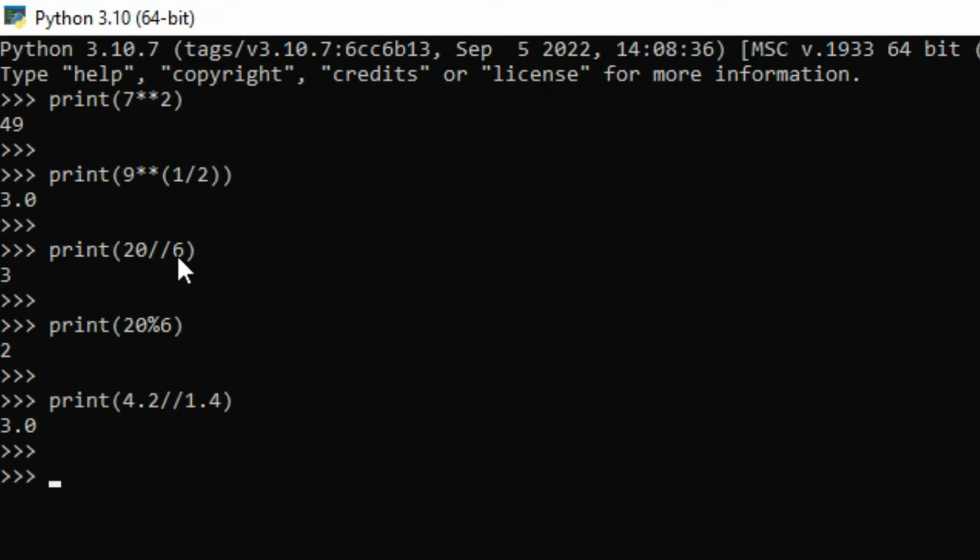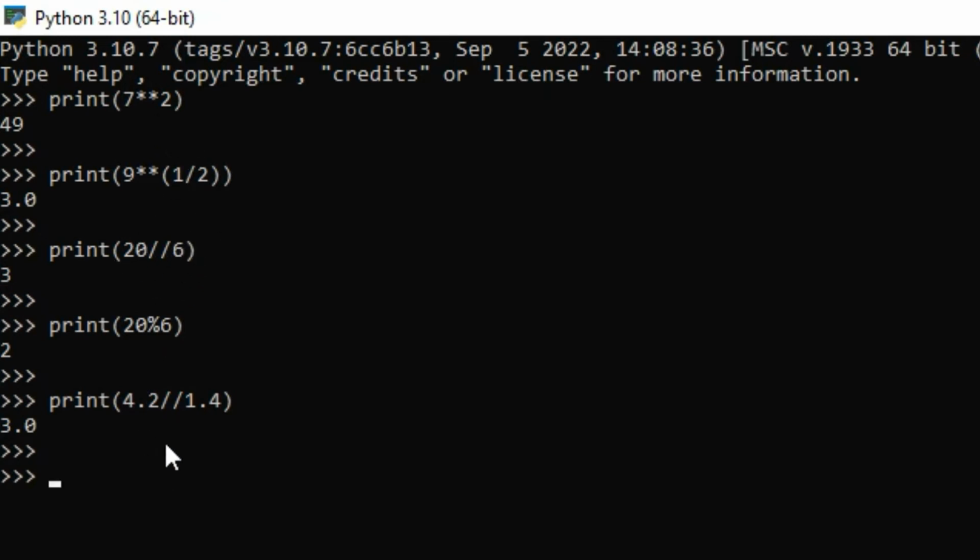Floor division is whatever the closest whole number is when you divide. The whole number that exists when you do that is 3 point something, so with floor division you just stop at 3. So that's what that is.